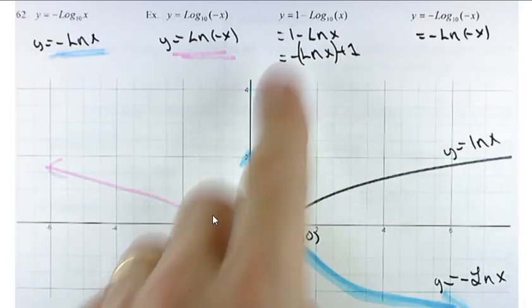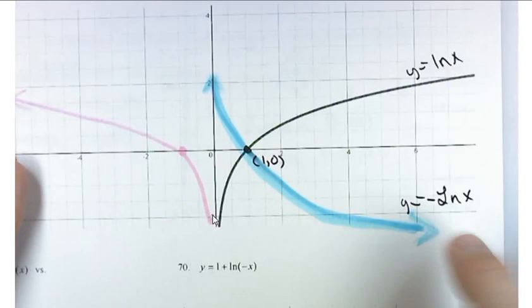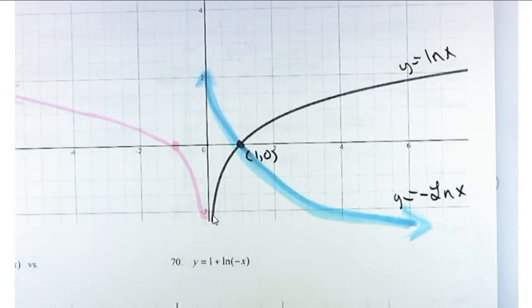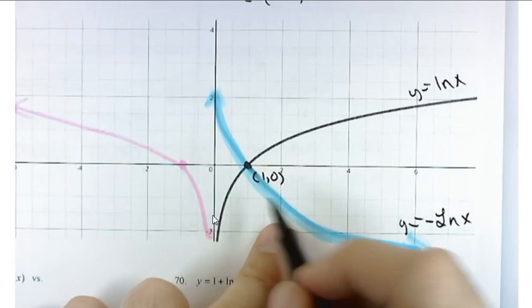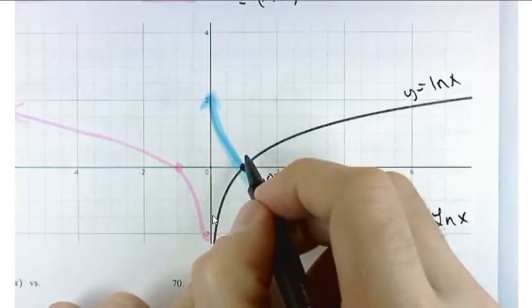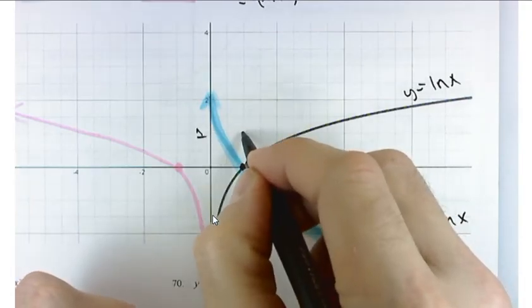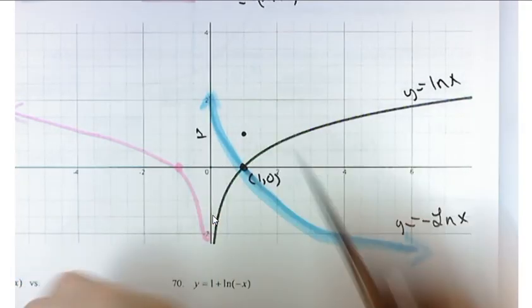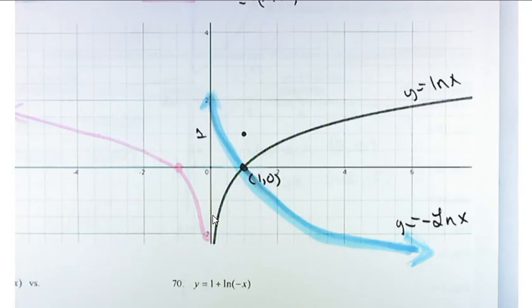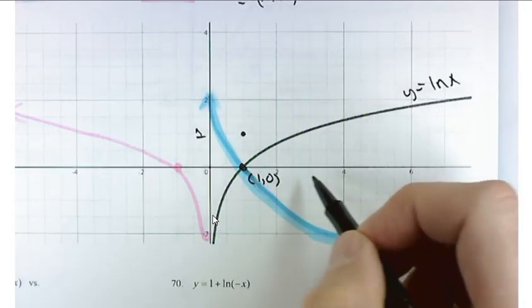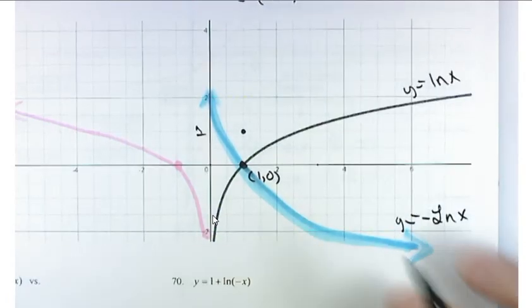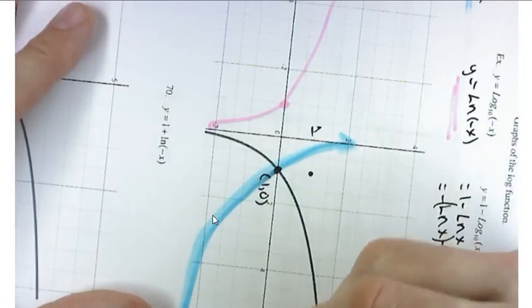So basically, you can take this graph and shift it up by 1. So if we start out with this graph, then this point gets shifted up by 1. And now on this axis, that's a 1 right here. So you're going to have a graph through there. And let me just turn this around a little bit to draw it.